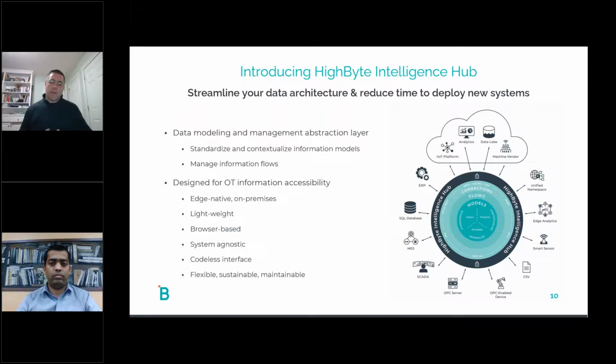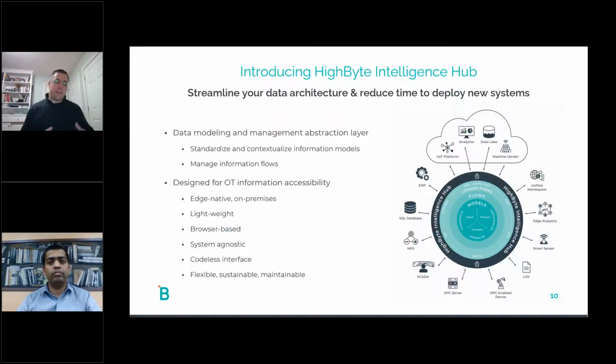Now, all of this needs to happen by humans, by people that define how the data flows into these models. And the people that really understand that source data is the OT team. So the Intelligence Hub was designed for the OT team to be able to add this context and add this modeling to the data.